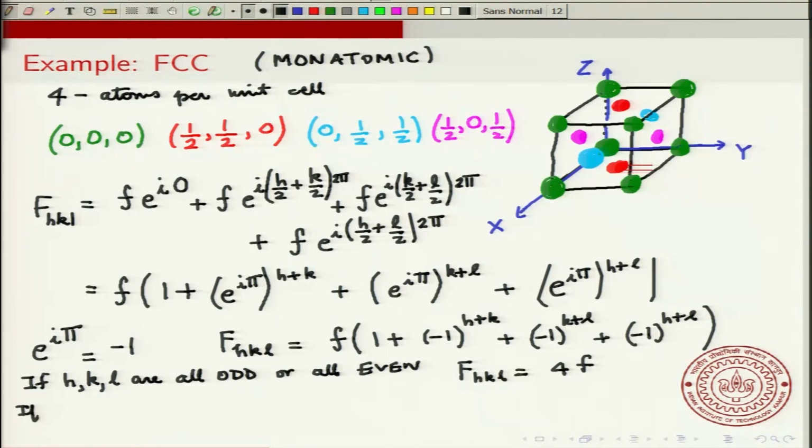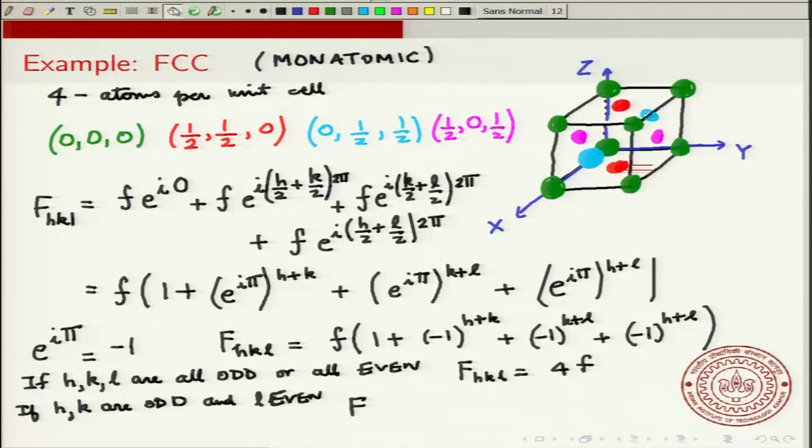Okay. If h and k are odd and L even, or vice versa, or you can have h and k even and L odd, okay, then you will see that h and k are odd.